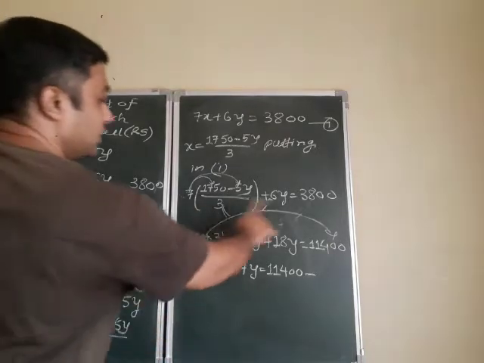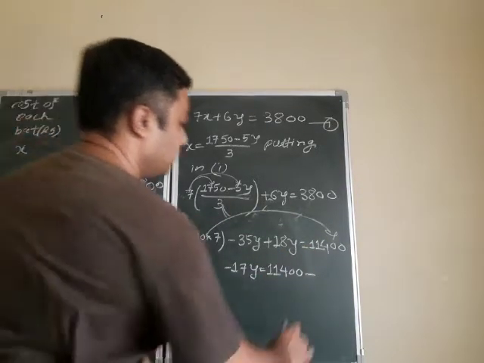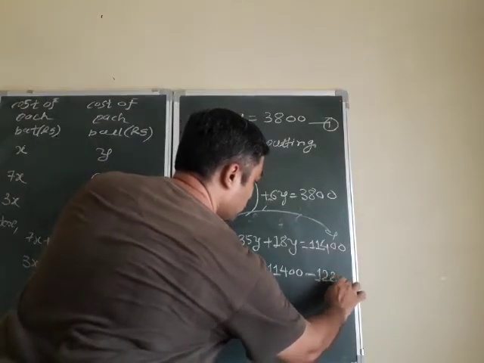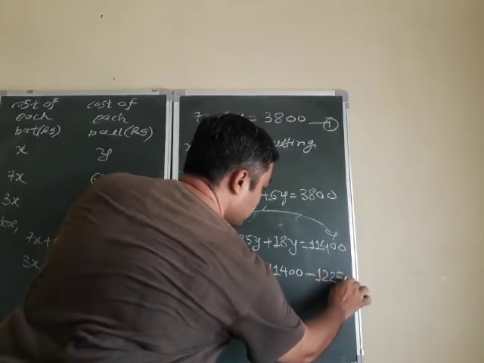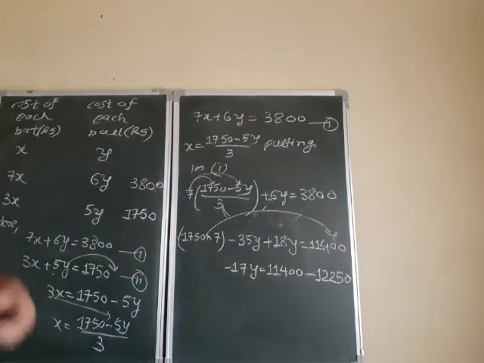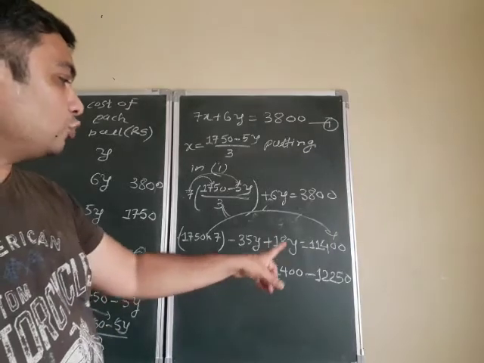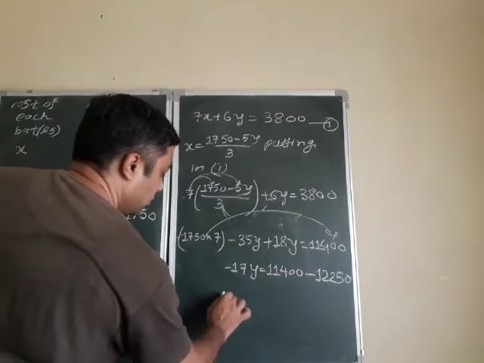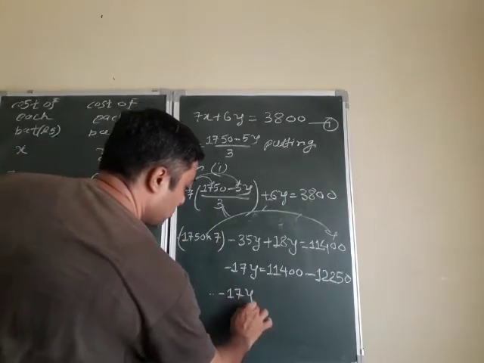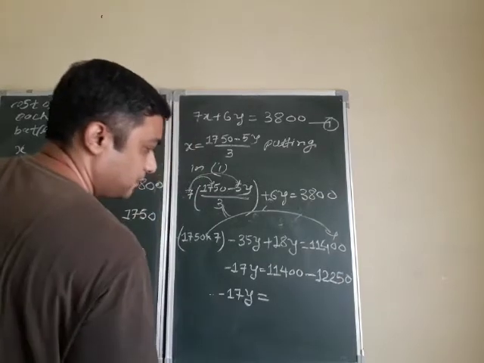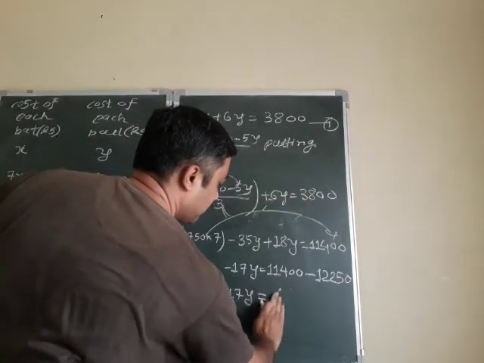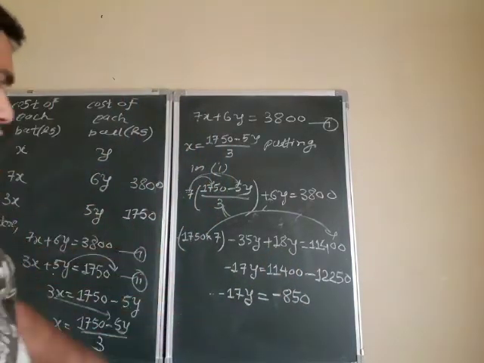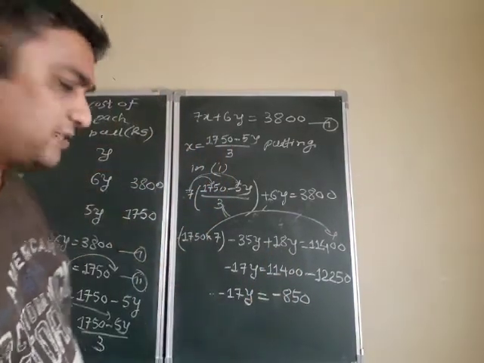You multiply this, I think it comes 12250. So it comes minus 12250. So minus 17y is equal to this minus this. So it comes 850 minus 850. This is the simplification; I think you can do it yourself. This minus and this minus make a plus.